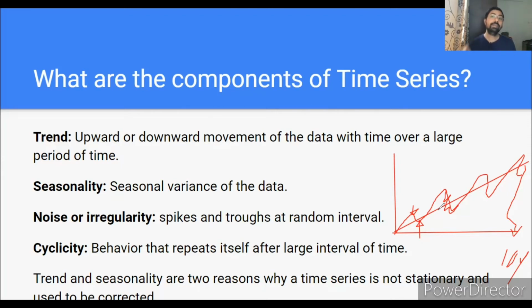We make the data stationary enough to be fit for any statistical model to apply. So this will be the decomposition of E, T, and S.